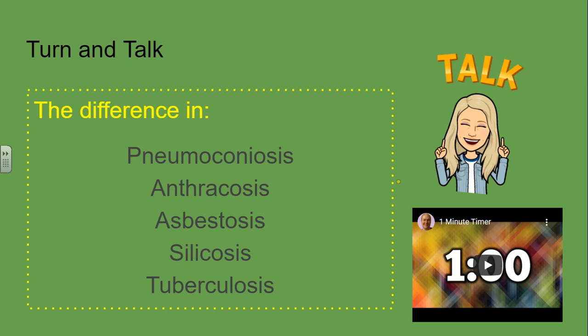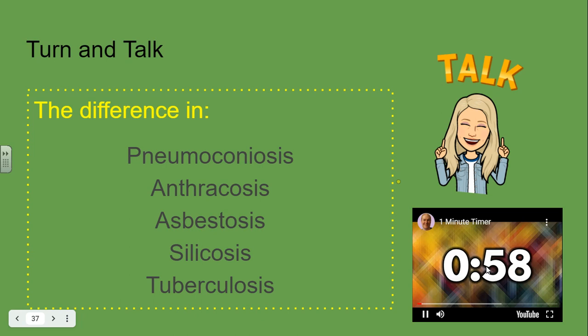Tuberculosis. Asbestosis is caused by asbestos. Silicosis is the silicon dust. Is that the little stuff in the packets? No, I think that's silica. I don't know if it's the same. You can look it up and see.